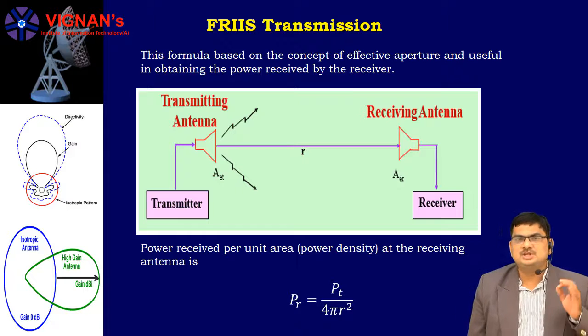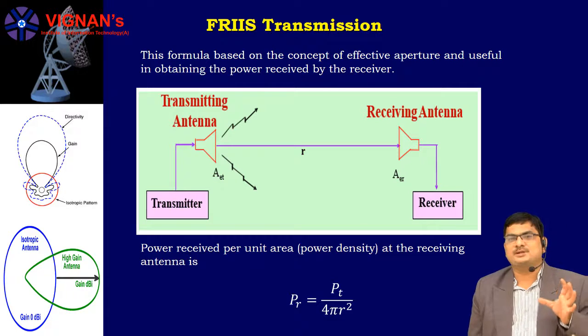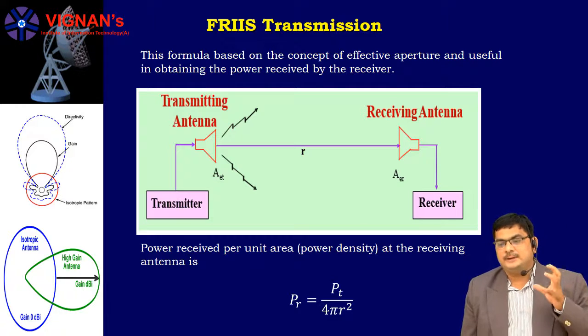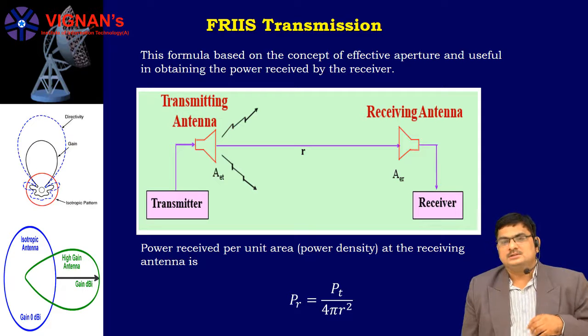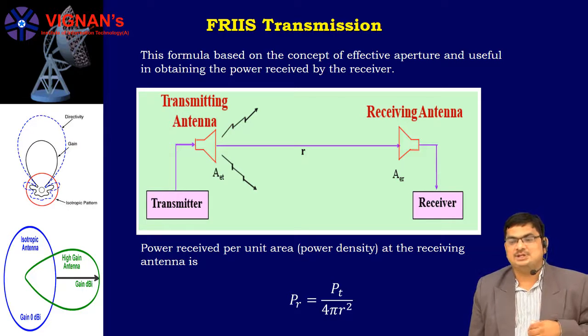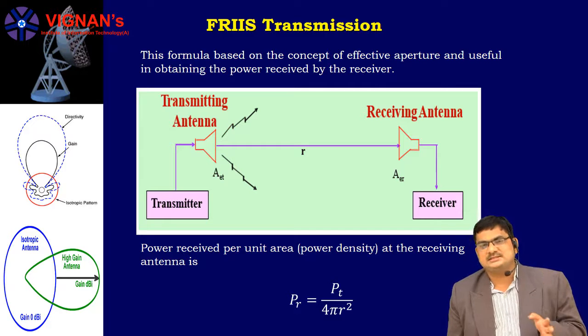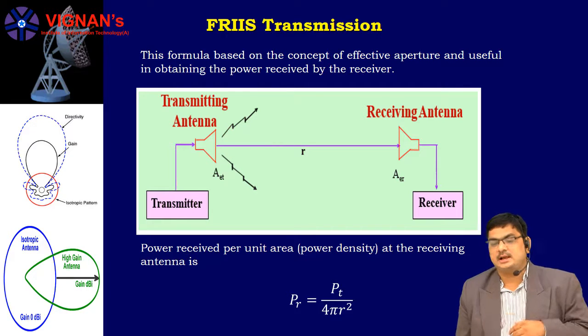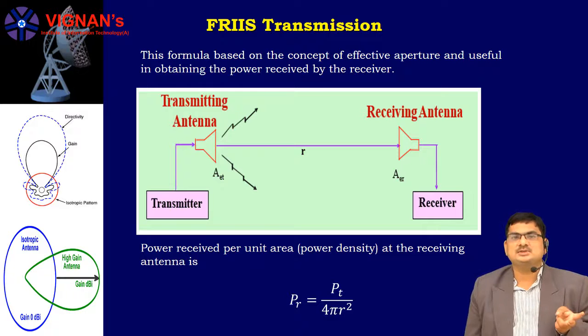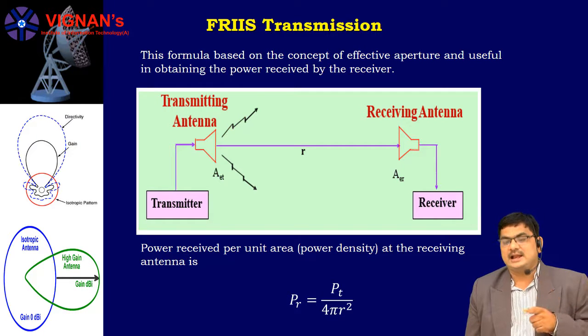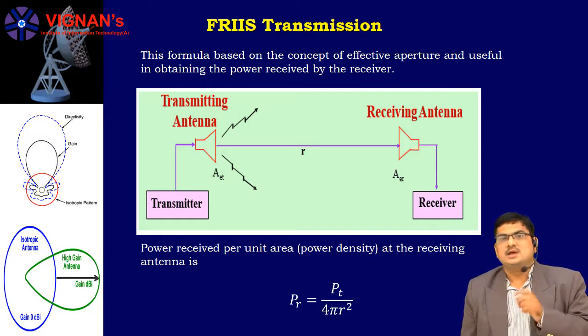This formula is based on the effective aperture and is useful in obtaining the power received by an antenna. In this figure, there is a transmitter section and a receiver section, with two antennas: a transmitting antenna and a receiving antenna.